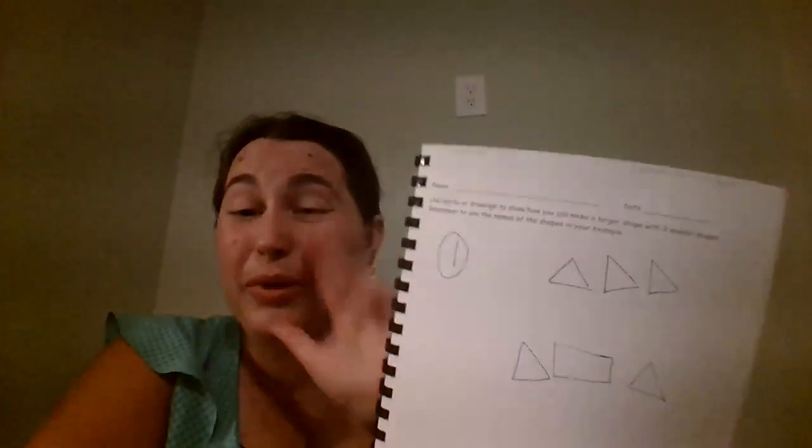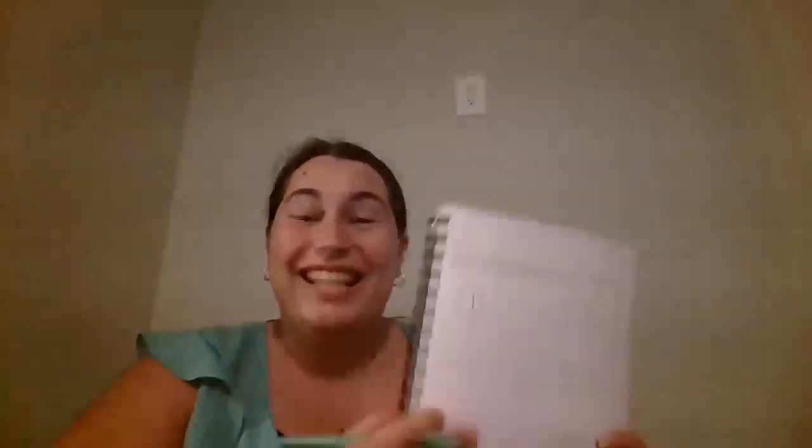You can use these to help you and show how you made a bigger shape. It needs to be a shape like a larger triangle, a hexagon, a pentagon, or an octagon.